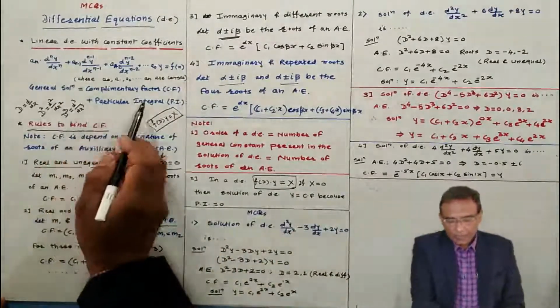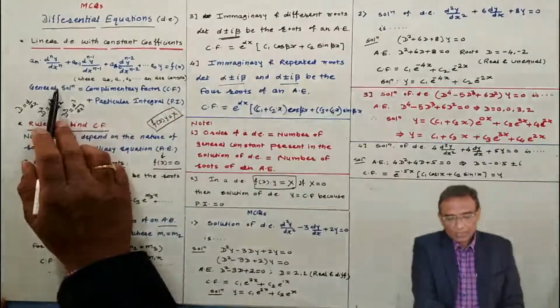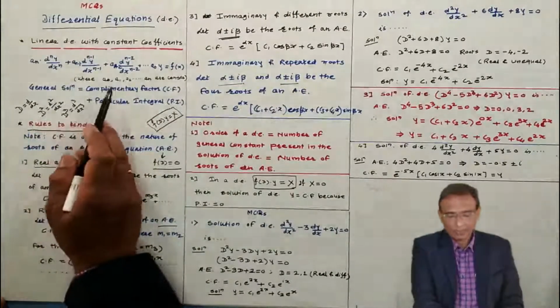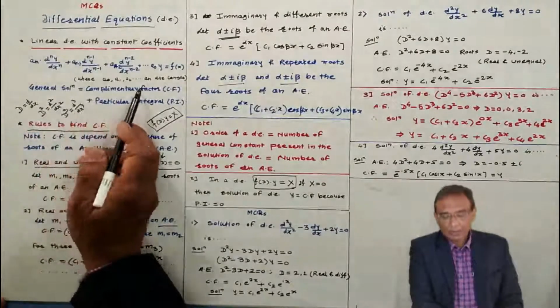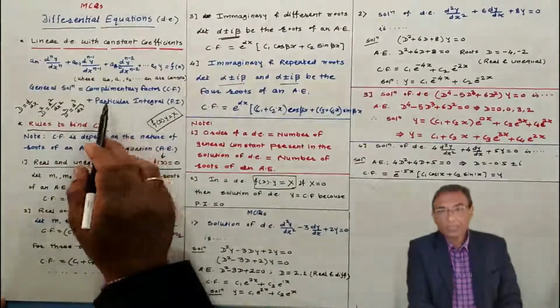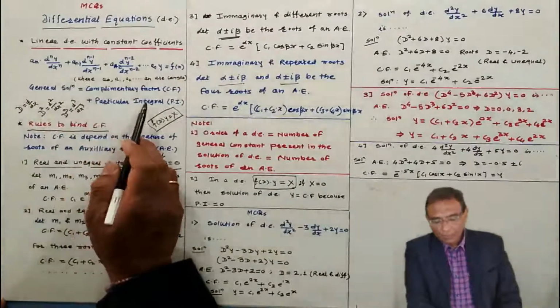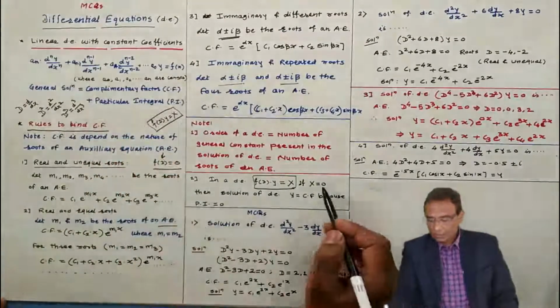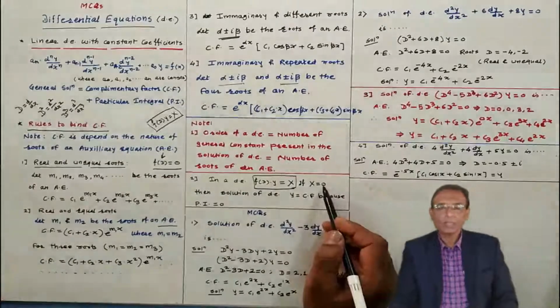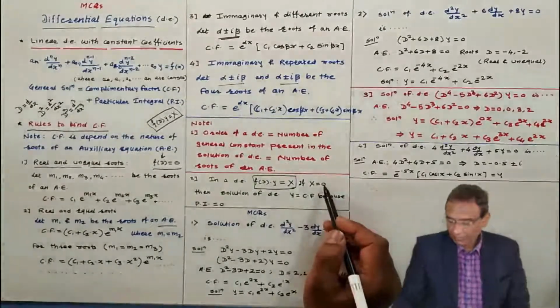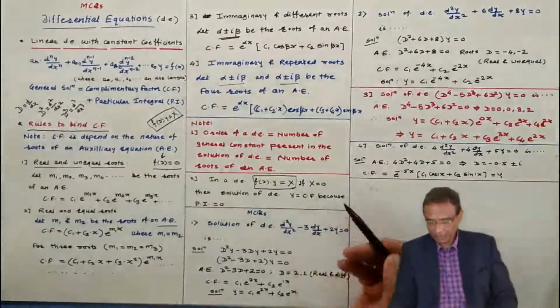See, if the particular integral is 0, then the general solution will be the complementary factor itself. When the right hand side is 0, in that case the particular integral will definitely be 0.